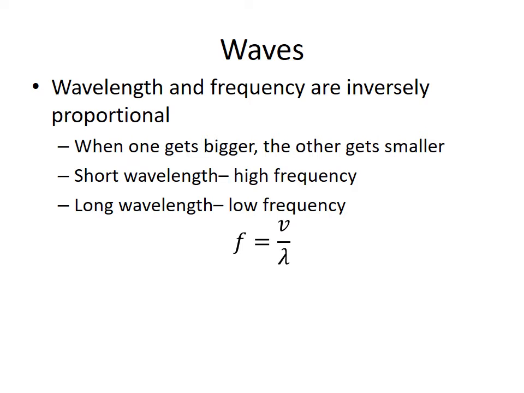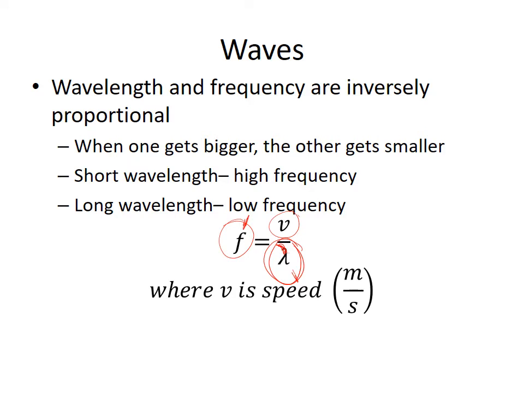I picture it as a little character with big wavy hair on top of his head. So that's lambda, that means wavelength, frequency, and velocity. As you increase your frequency, you're going to decrease your wavelength. That means it's shorter in between waves. Your crests are coming closer and closer together.